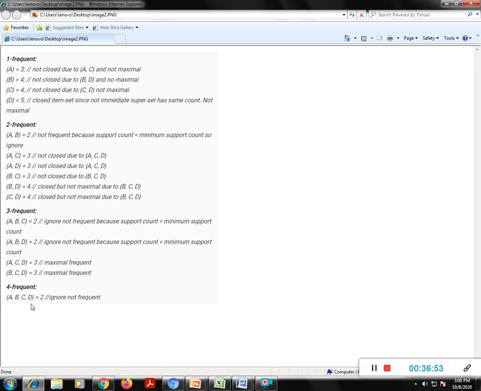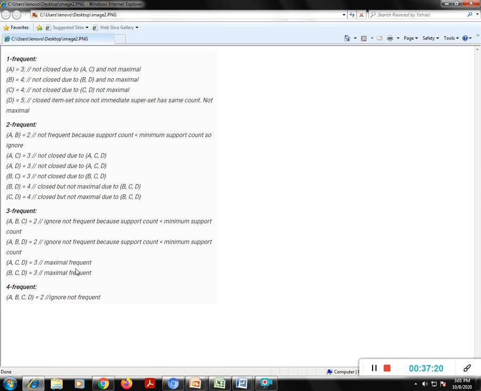ACD has its immediate superset ABCD, which is not frequent, and that's why ACD is maximal frequent. Same for BCD. BCD has its superset ABCD, which is not frequent, so I will mark it as a maximal frequent. So in this way you have to calculate this.